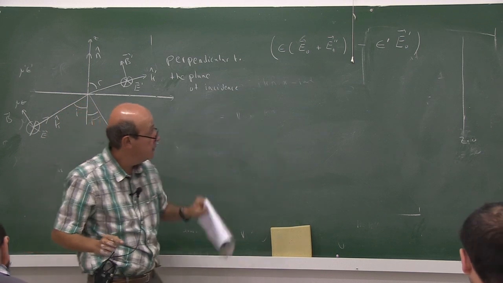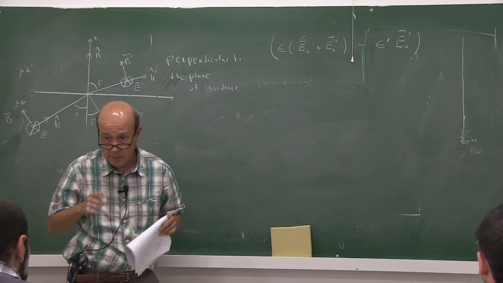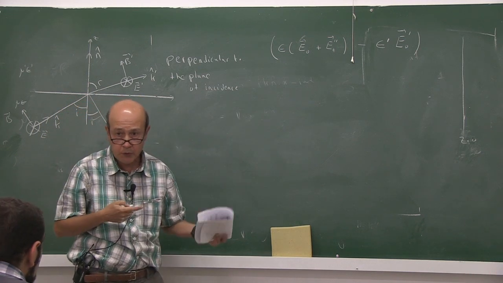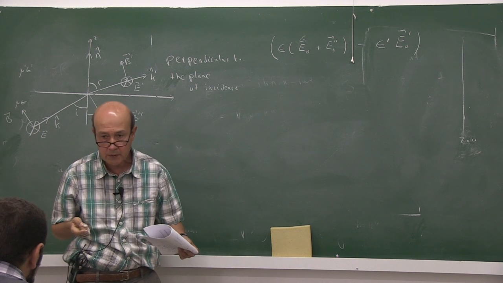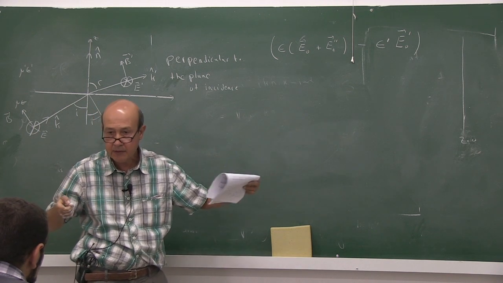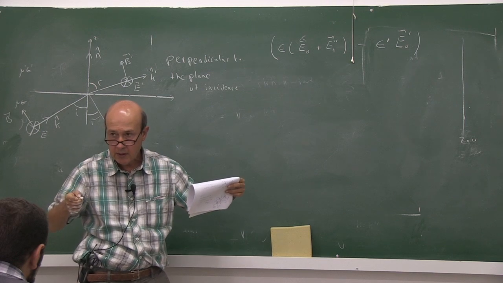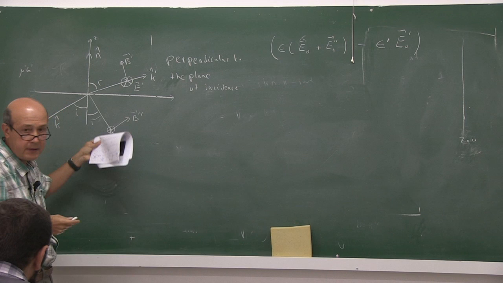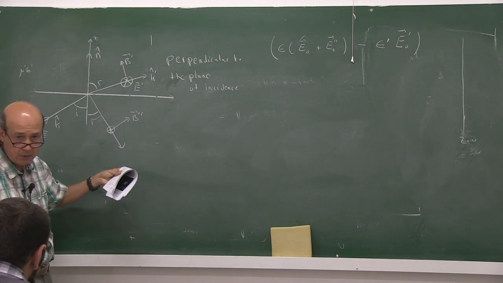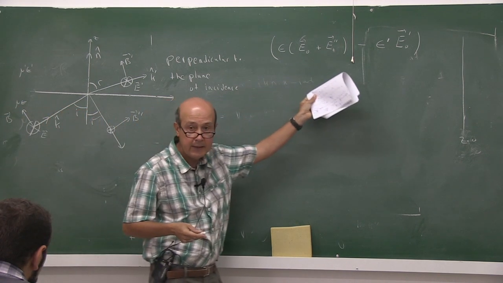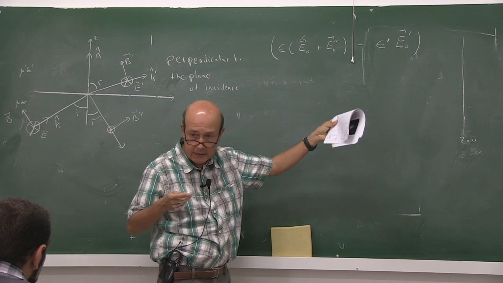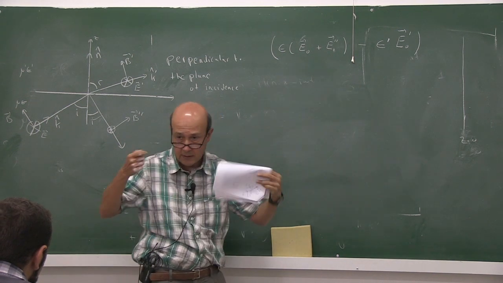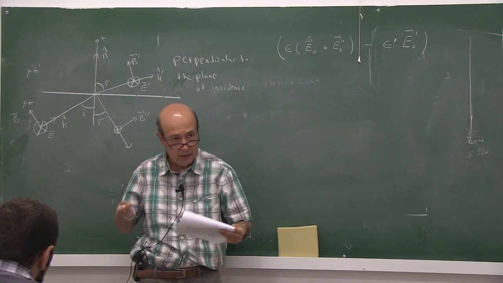But here, I did not put the perpendicular components. How do I introduce the perpendicular component? These are just electric field vectors at the boundary. How do I introduce the perpendicular to the surface? What do I do? These are E fields, or multiplied by epsilon, electric displacement.